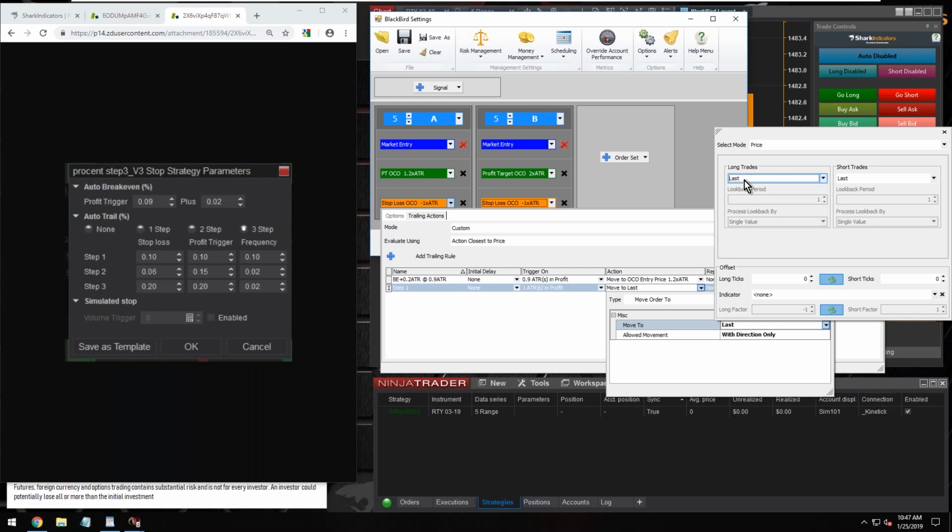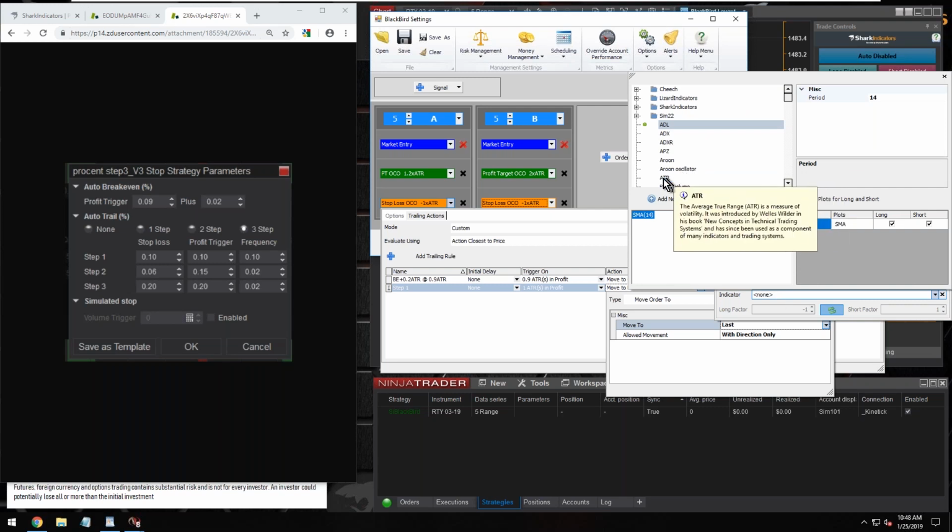Blackbird does that automatically. So Blackbird takes the last price, right, and it uses the most profitable last price as its calculation point, as its anchor point. So we're going to use the last price, and then we're going to set up the ATR again.